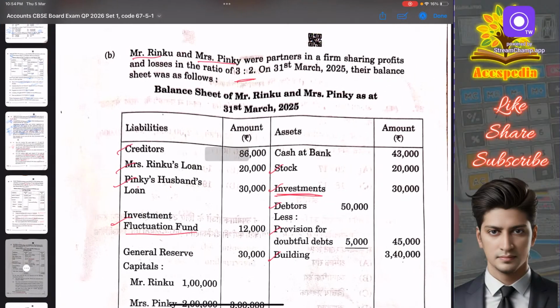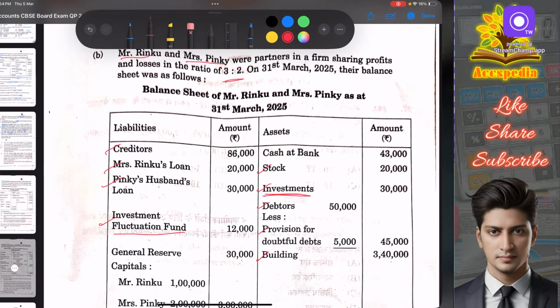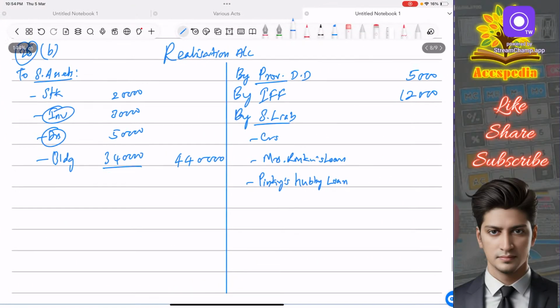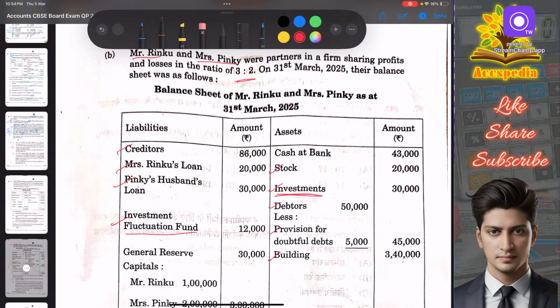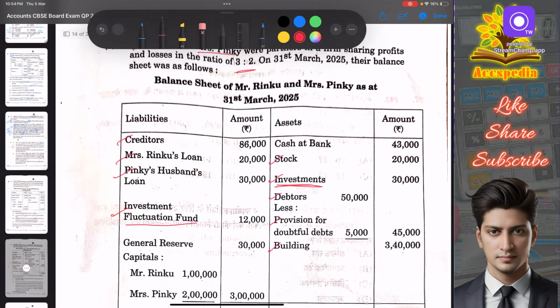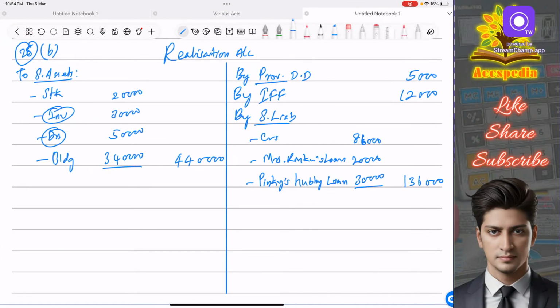Okay, 86, 20, 30, 50 plus 86, 136. So these are the journal entries. 1,36,000, correct. So there are no more third party liabilities. So we just have to transfer third party liabilities.